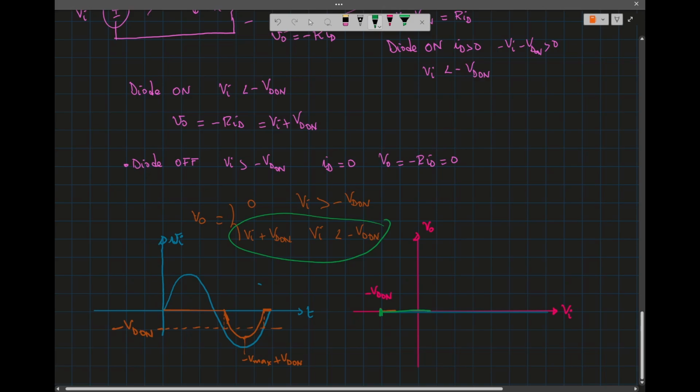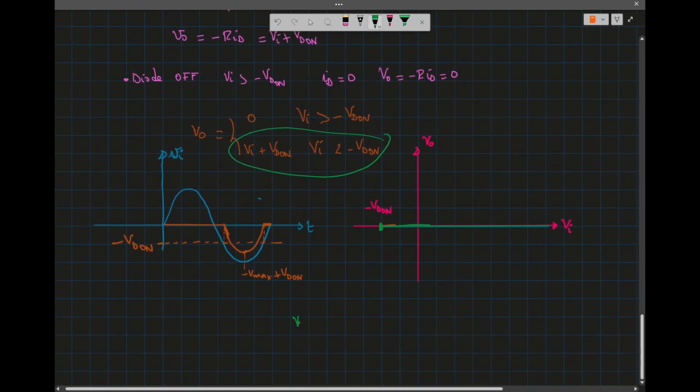So let's sketch it with this color instead. I think it looks better. Now the slope, so V_0, let me write it there. V_0 equal to V_I plus V_D(on).